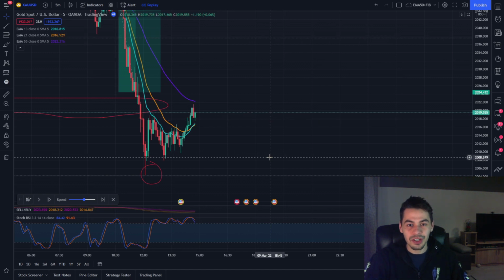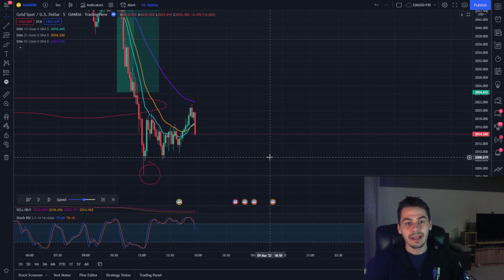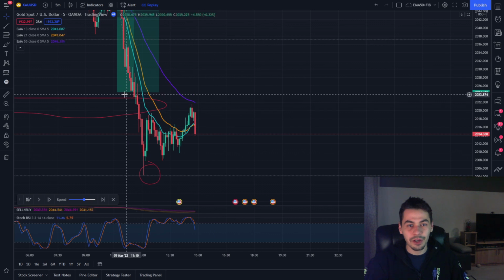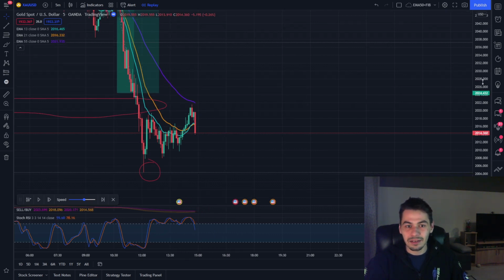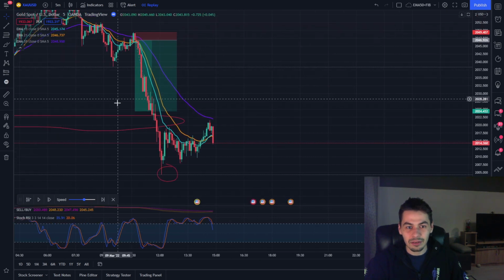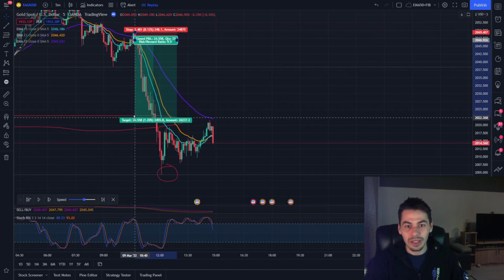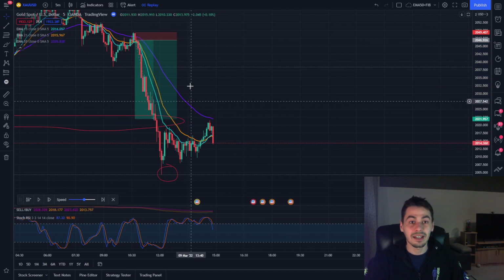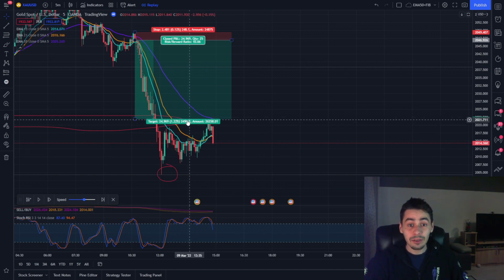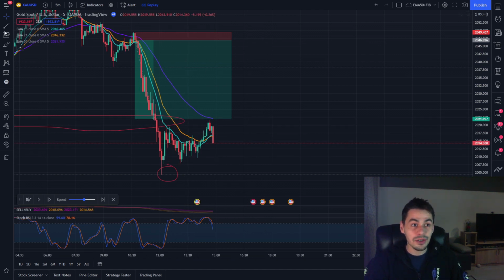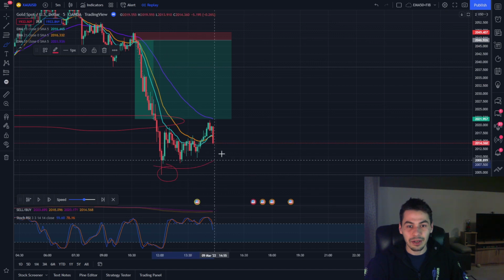We have a nice rejection to that area, and now that this range is confirmed that it's rejecting the price, we can add additional certainty to the position. So we can add another 1-1. So now we are at 10-1 with our position, which is still running. And we are waiting for this range to break in either direction.